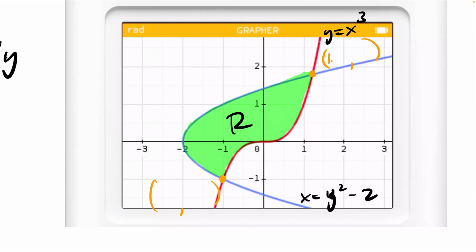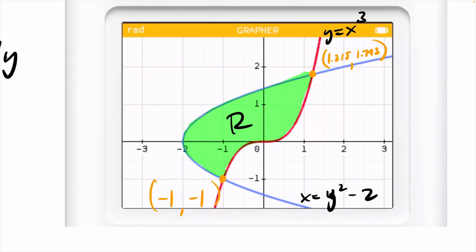I got 1.215, comma, 1.793. And for the bottom guy, I got -1, -1.